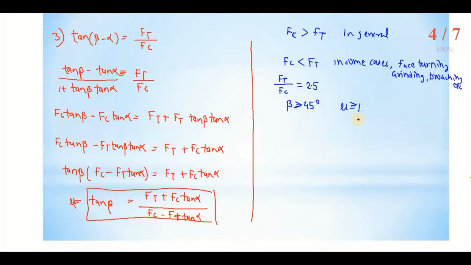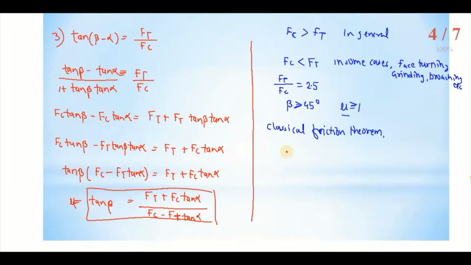So in cases where the coefficient of friction value mu becomes greater than 1, there we are using the classical friction theorem to find out the value of the coefficient of friction.